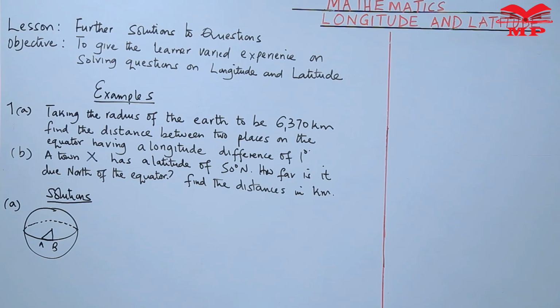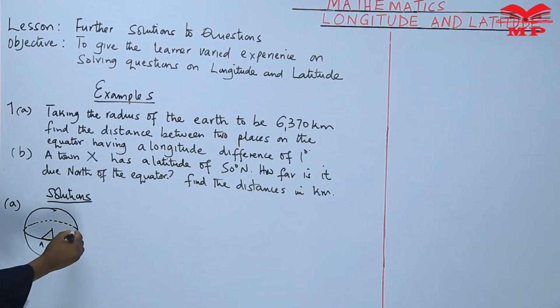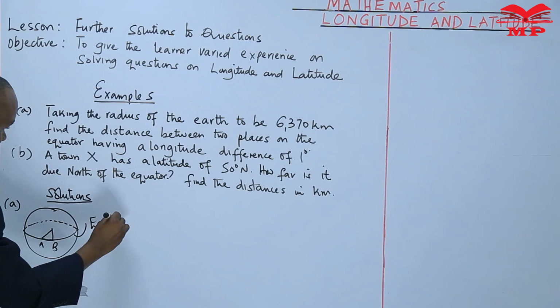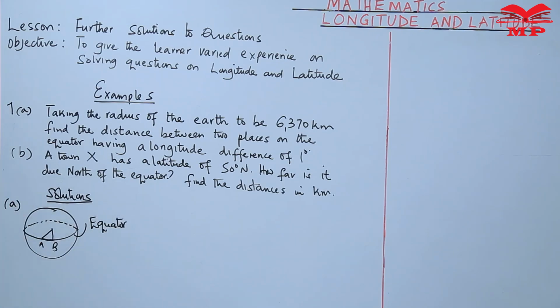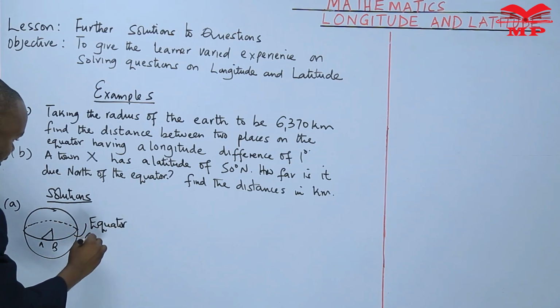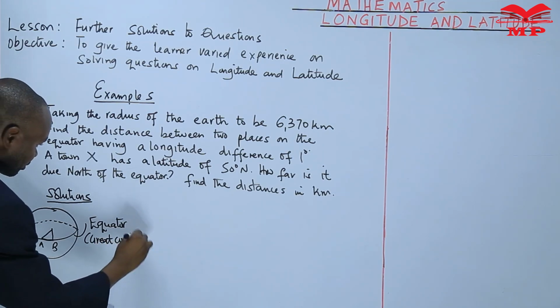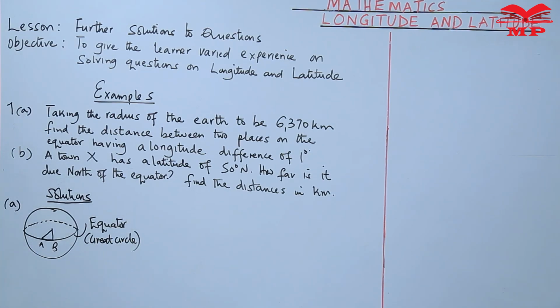When they want the distance, they are talking of A, B. So once you have the equator, when they mention the word equator, you know that is a great circle. The equator is a great circle.